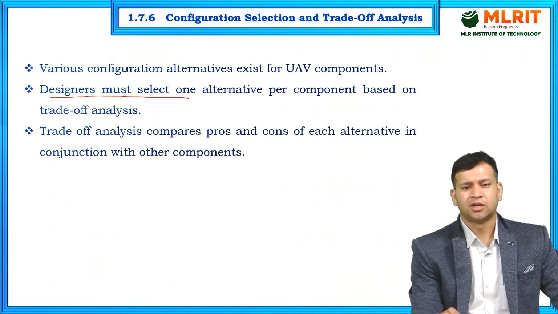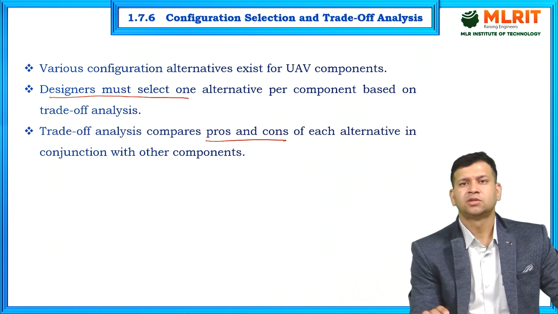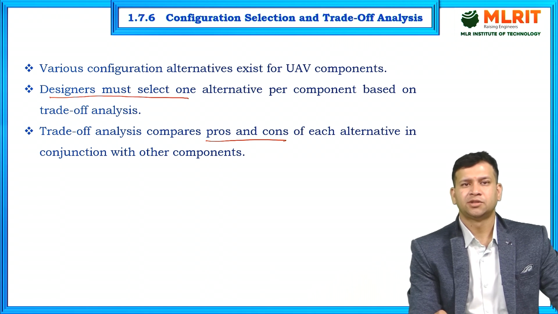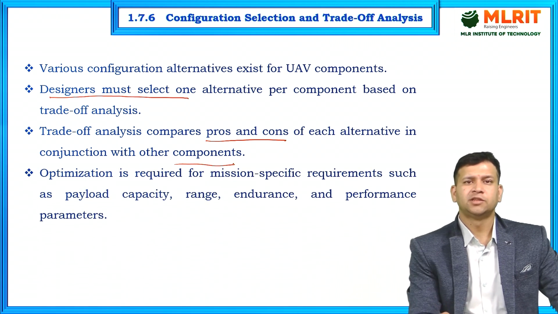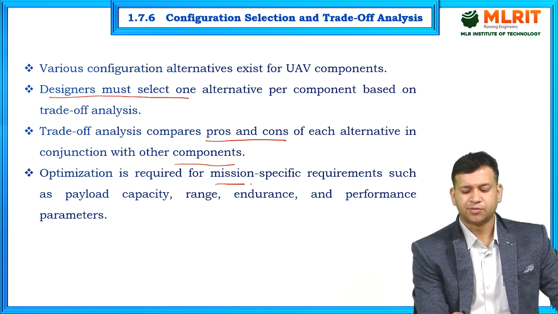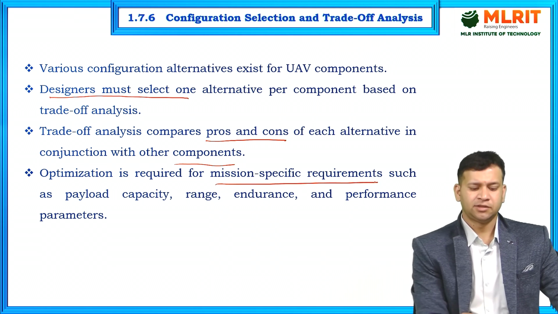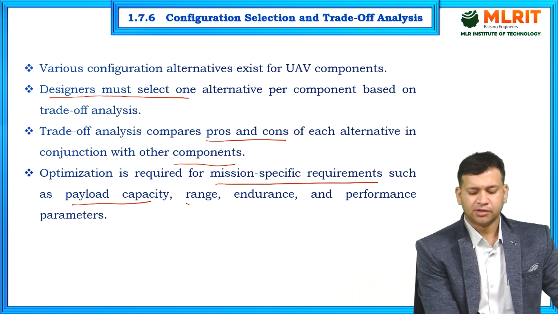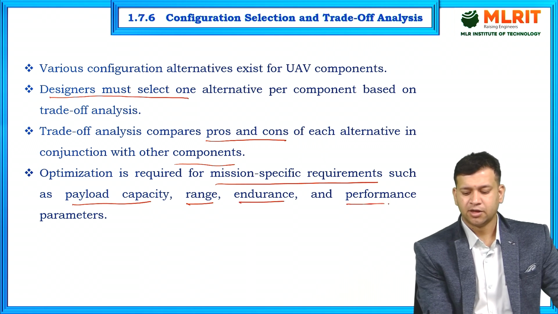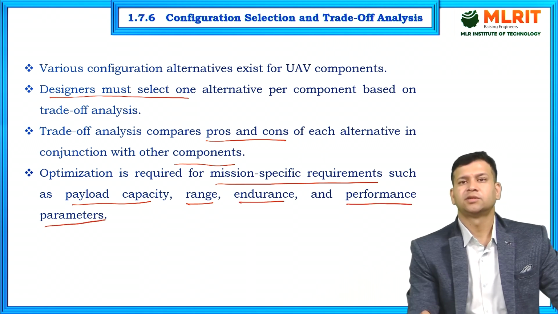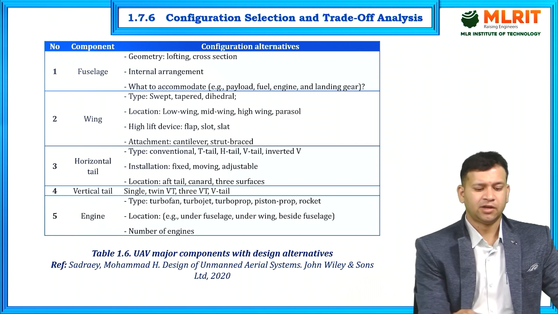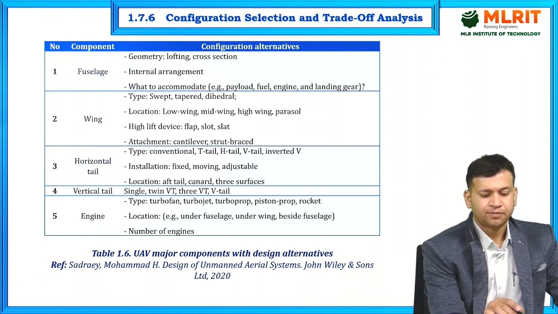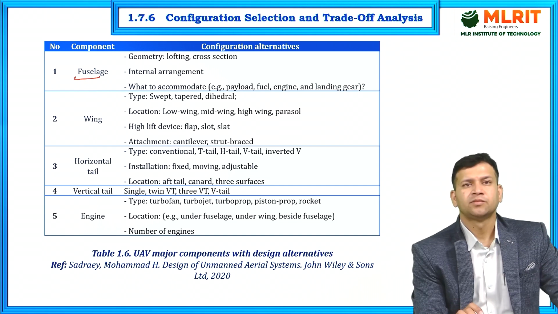Trade-off analysis compares the pros and cons of each alternative in conjunction with other components. Optimization is required for mission-specific requirements such as payload capacity, range, endurance, and performance parameters. The configuration selection and trade-off analysis includes, for example, the fuselage, right?